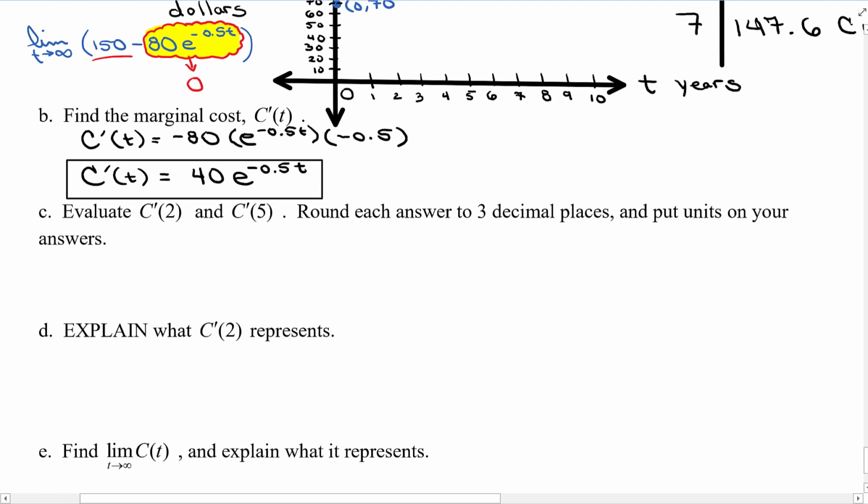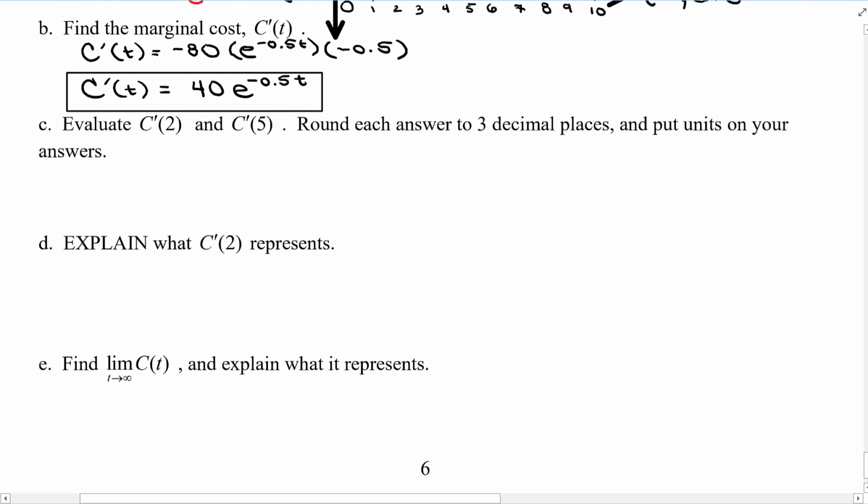Part C, evaluate C prime of 2 and C prime of 5. Round each answer to 3 decimal places and put units on your answers. C prime of 2 is equal to 40e raised to the negative 0.5 times 2 power, which is approximately equal to 14.715. And this represents millions of dollars per year.